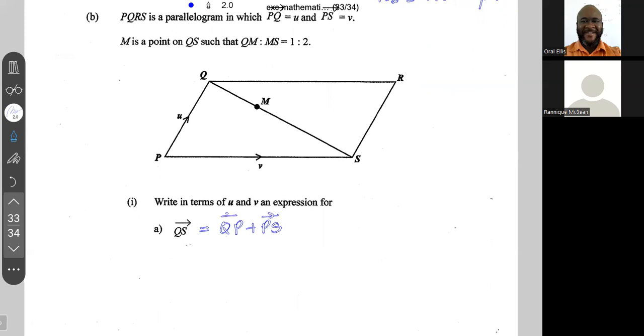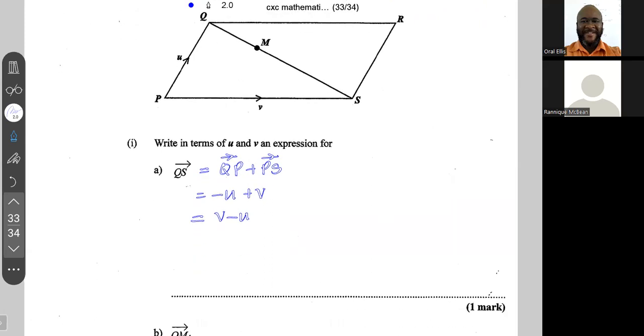Start at Q, end at S, the next letter is in the middle. Since PQ is U, QP would be minus U. So this would be minus U plus PS, which is V. I generally like to put the positive first, so this is V minus U. So QS is V minus U.